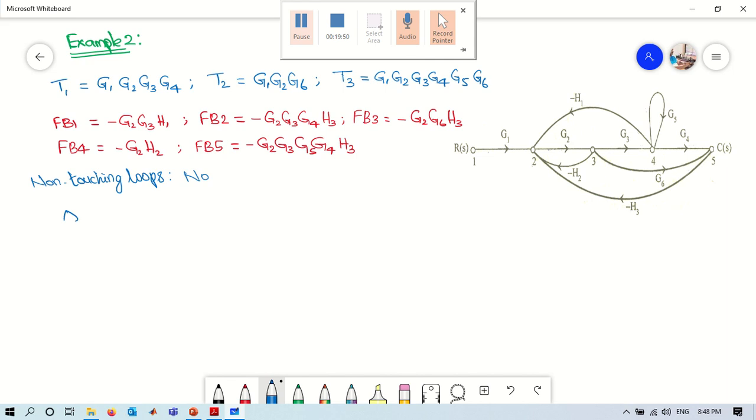So my delta is equal to 1 minus the summation of loop gains.